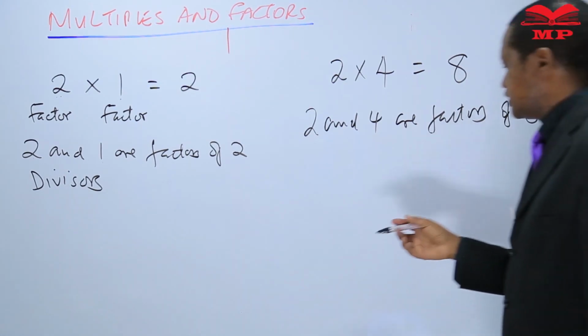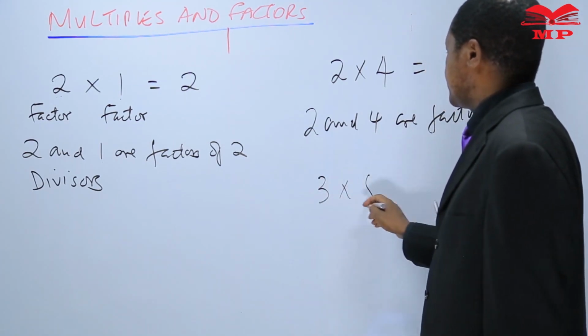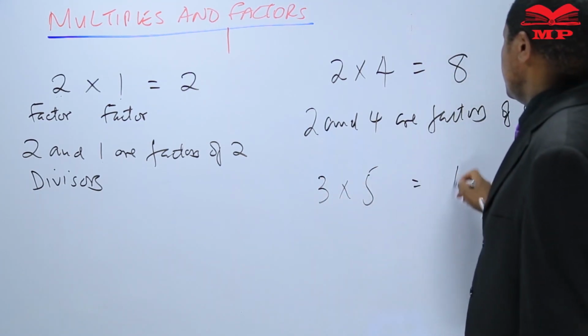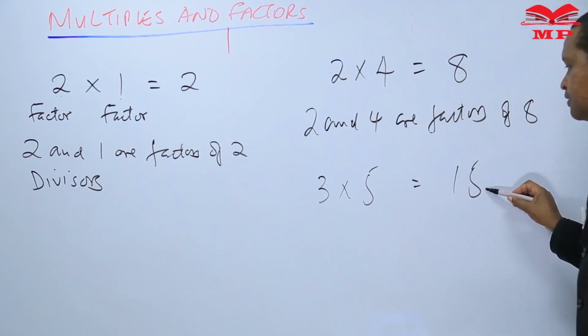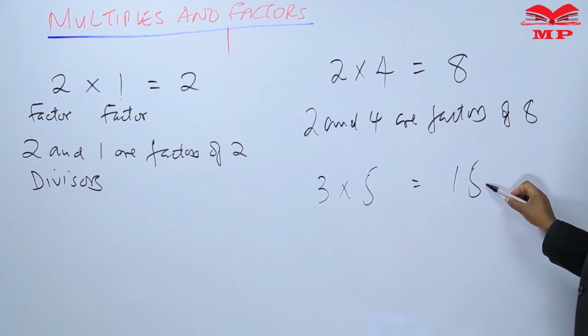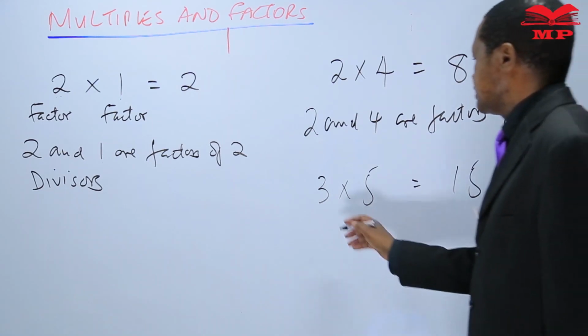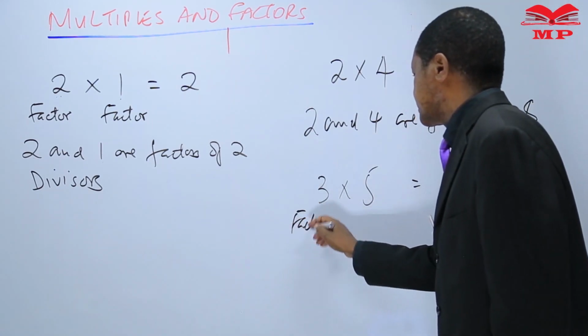We can also write, say, 3 times 5 being equal to 15. So 15 is a multiple of 3 and 5, and 3 and 5 are factors.